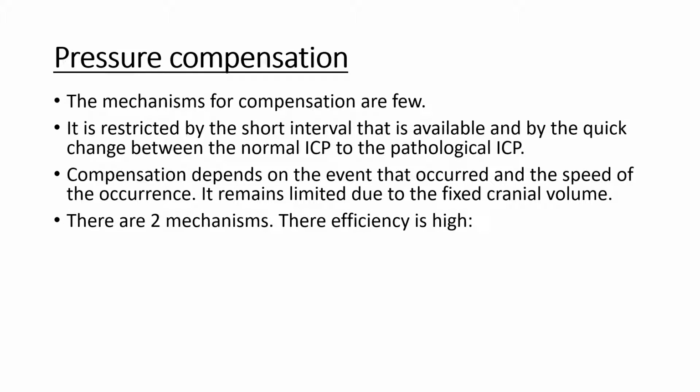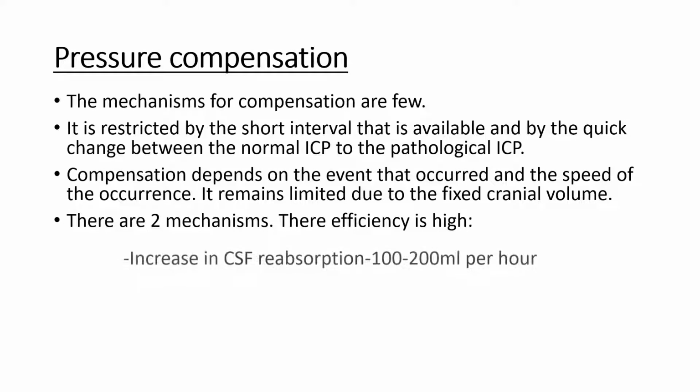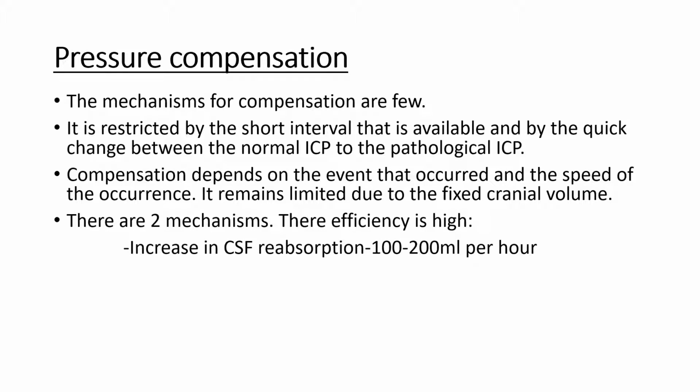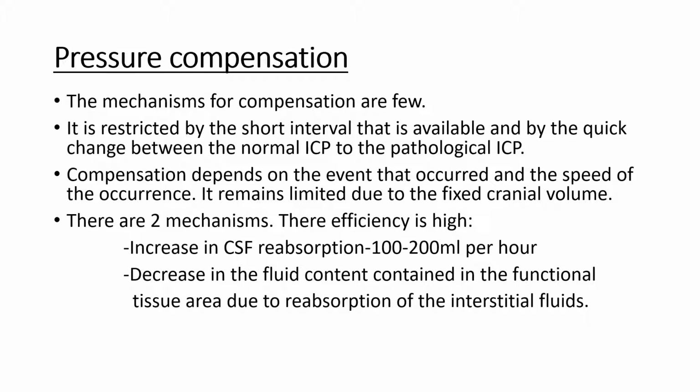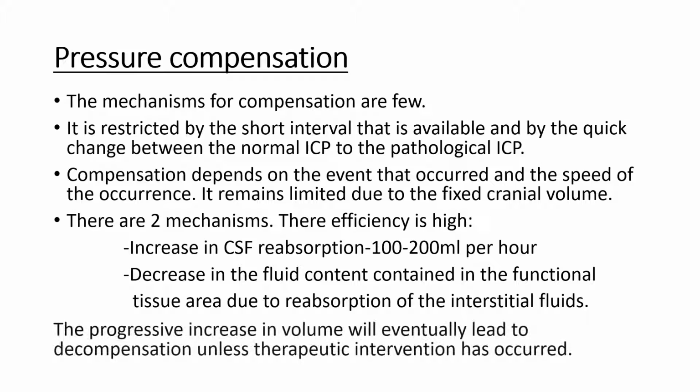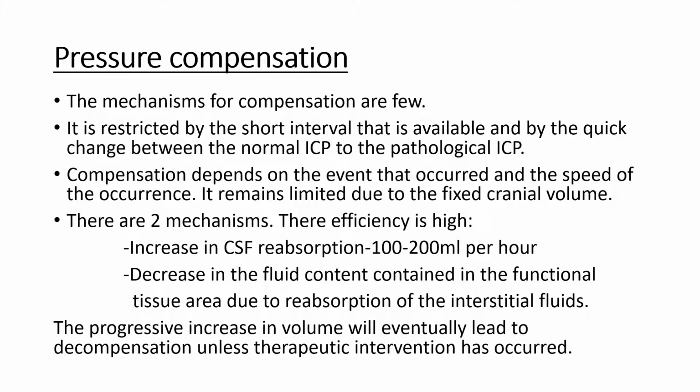There are two mechanisms, and their efficiency is high: an increase in the cerebrospinal fluid reabsorption of 1 to 200 mL an hour, or a decrease in the fluid contained in the functional tissue area due to reabsorption of the interstitial fluids. The progressive increase in volume will eventually lead to decompensation unless therapeutic intervention has occurred.